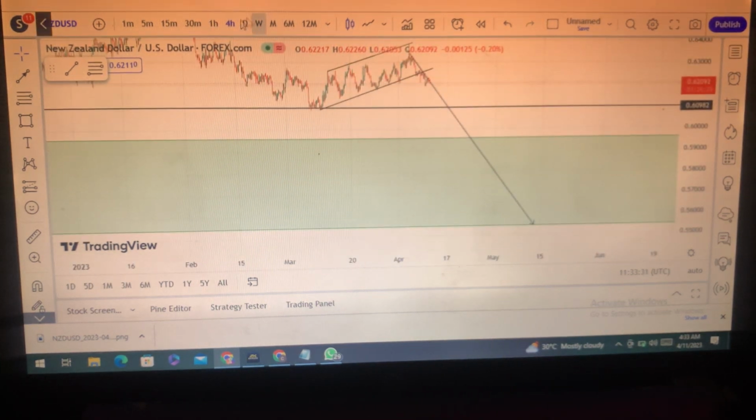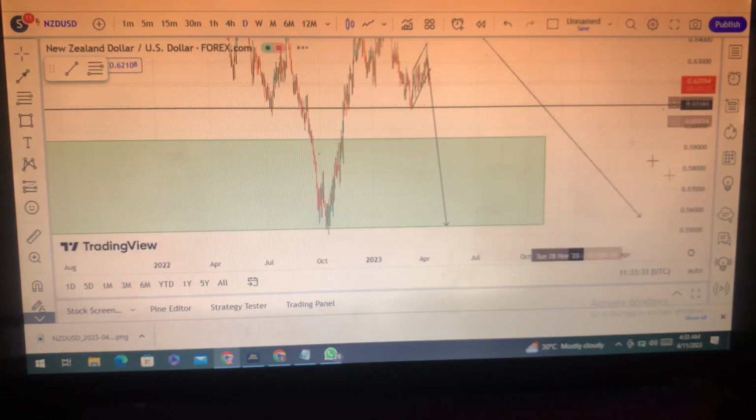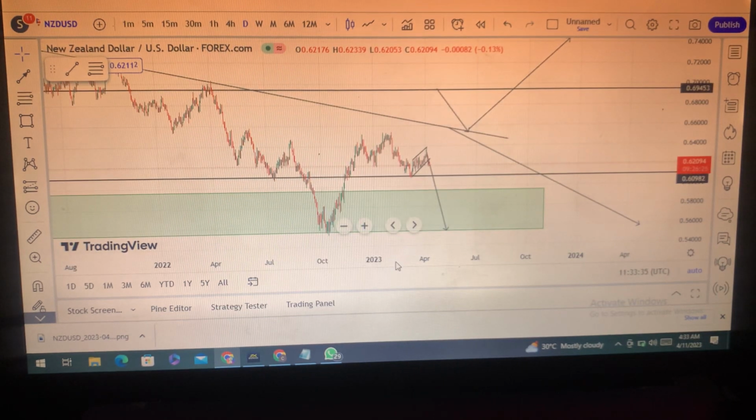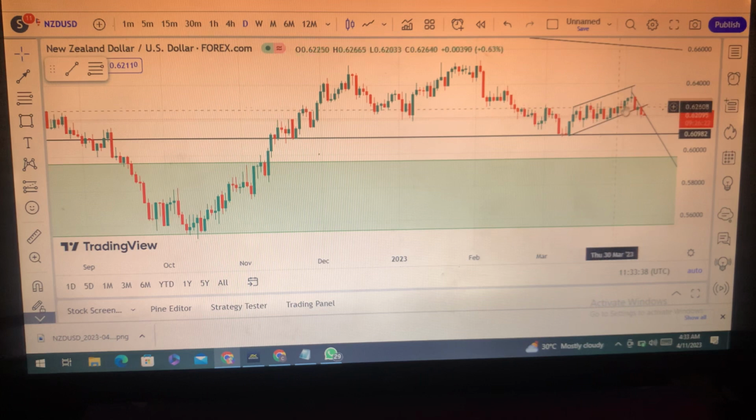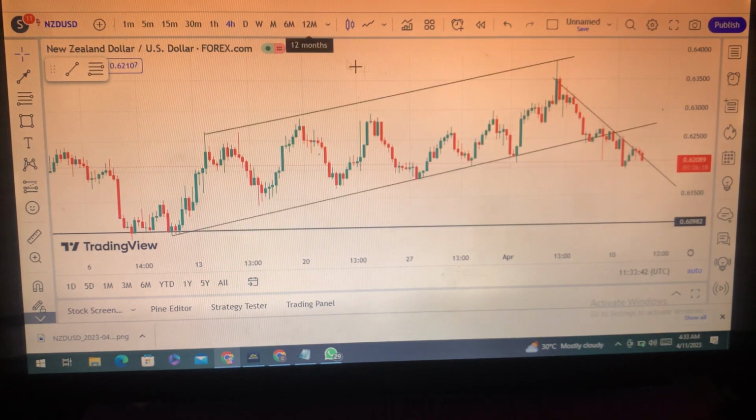So that's how we use the trend line. The channel, you see how it looks in the daily time frame. Look how it looks on the 4 hour time frame.